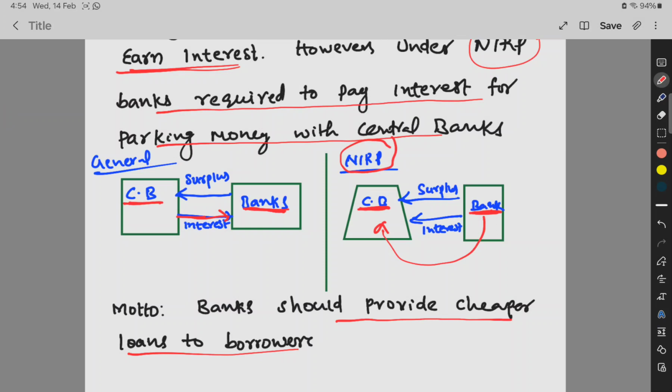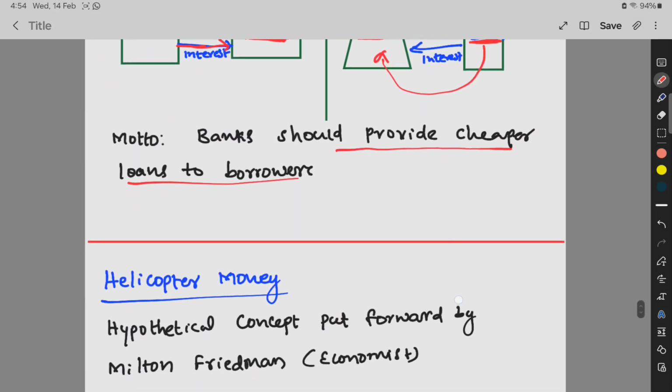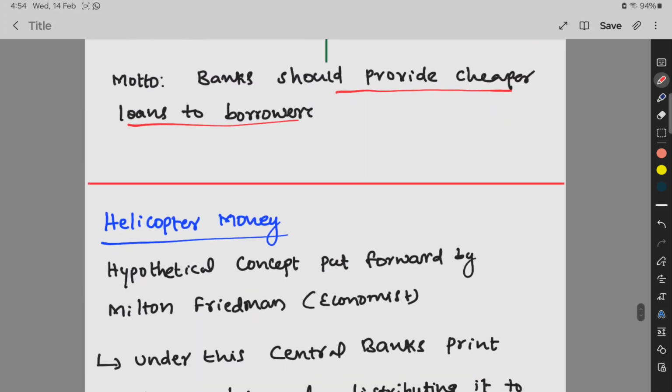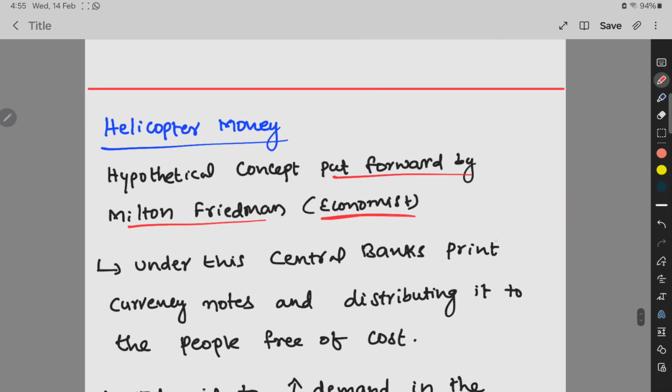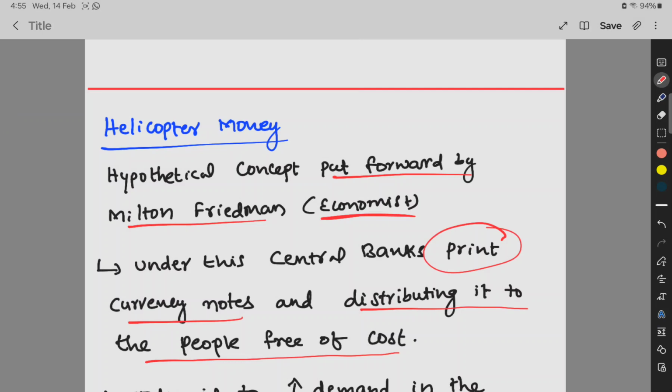Next is helicopter money. It is just a hypothetical concept, put forward by Milton Friedman, an economist. Under this, the central bank prints currency notes and distributes them to the people free of cost. We generally heard this concept during the time of COVID-19.